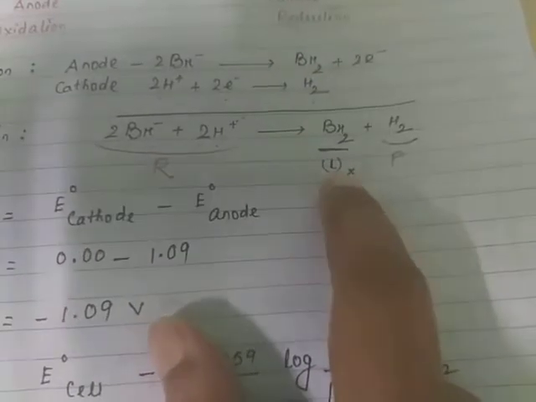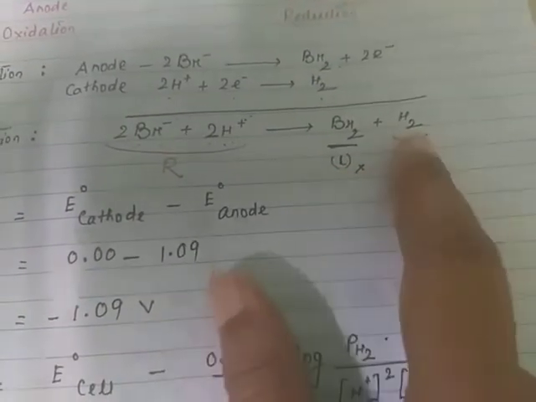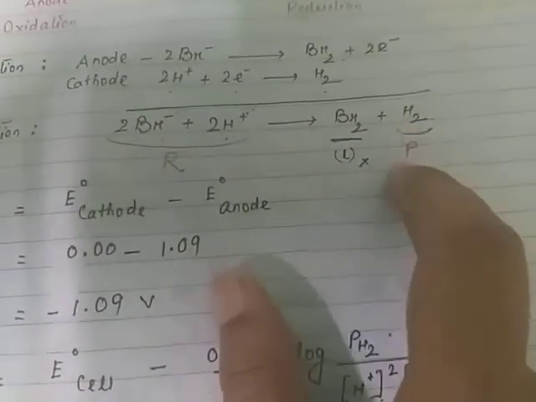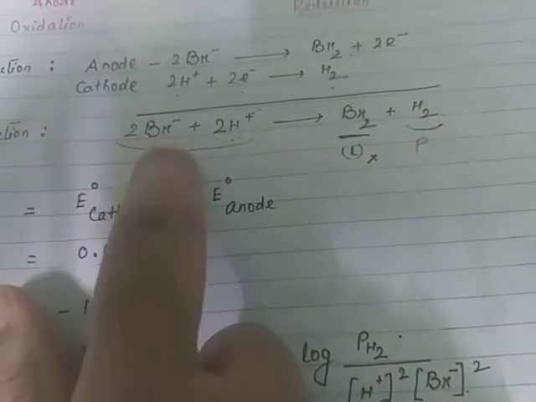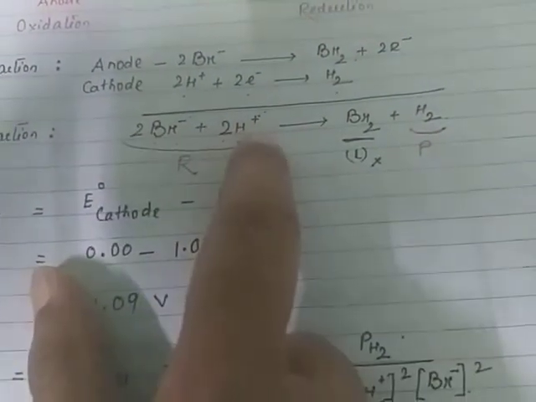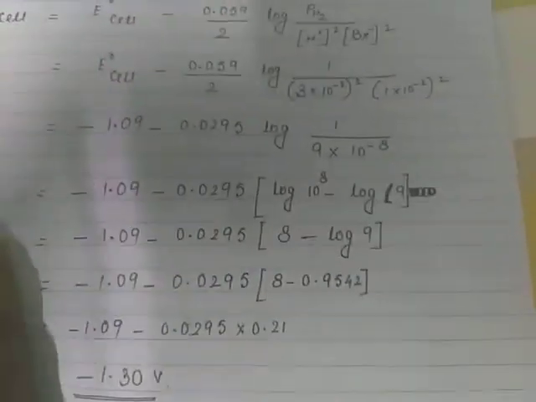Anyway, for the Nernst equation, to substitute, the pure liquid will not be taken into consideration. The partial pressure of hydrogen as the product, and the concentration of Br- squared and the concentration of H+ squared would be taken. So substituting the values, we will get, here the calculation is also being done.